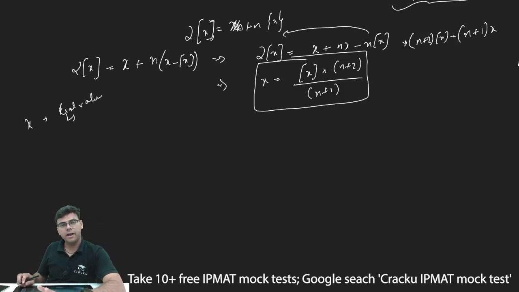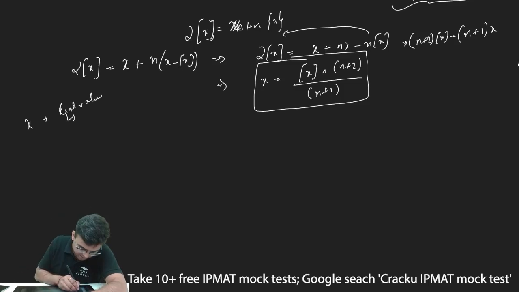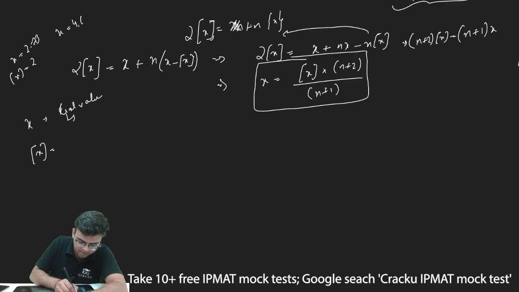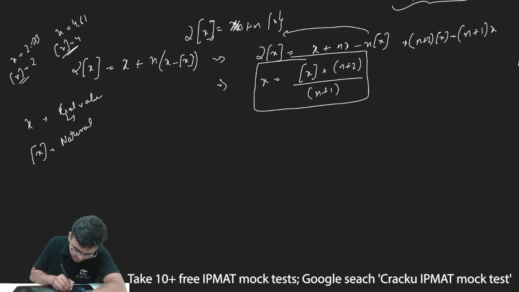Now if I ask about the greatest integer, let's say x is 2.73. So greatest integer of x will be 2. Let's say x is 4.61. Then greatest integer of x will be 4. Greatest integer of x will always be a natural number. Even if I say x is 5.73 or 5.84, the greatest integer of x will always be 5.